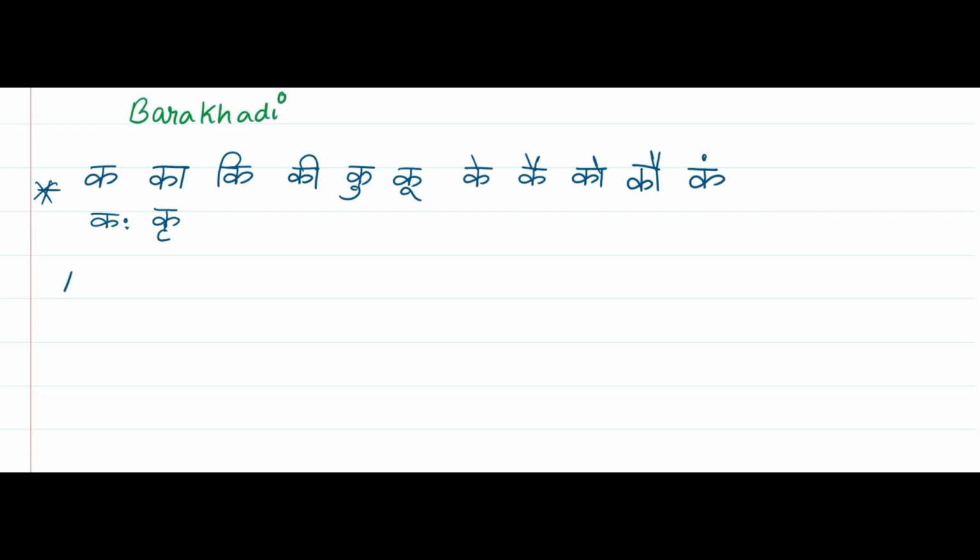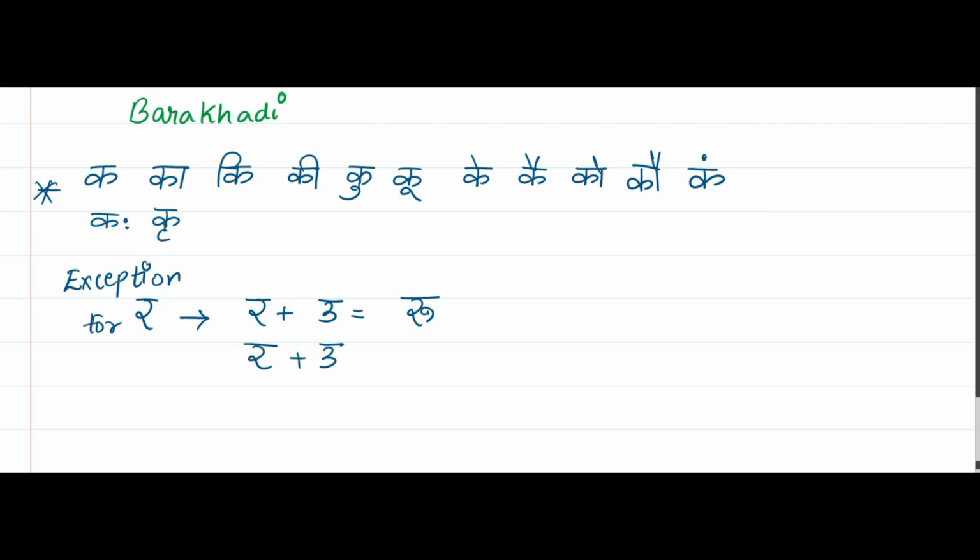So there are exceptions also. For R, we have different O actually. So R plus O is like this. So instead of going on bottom, it goes on the middle.